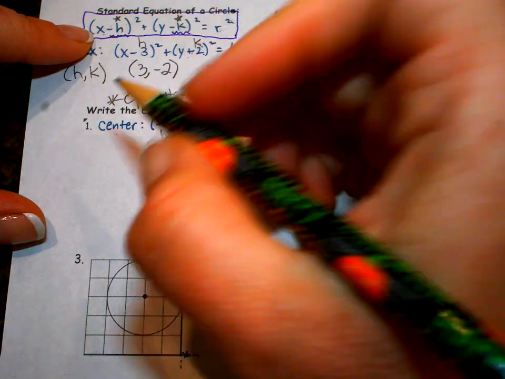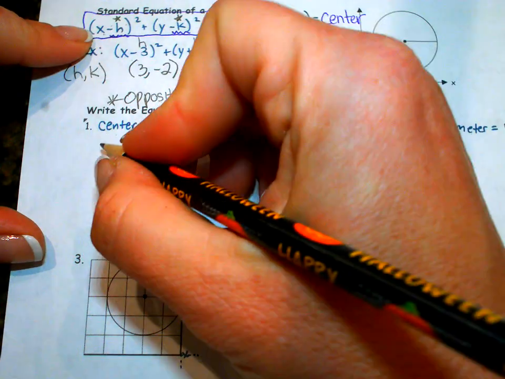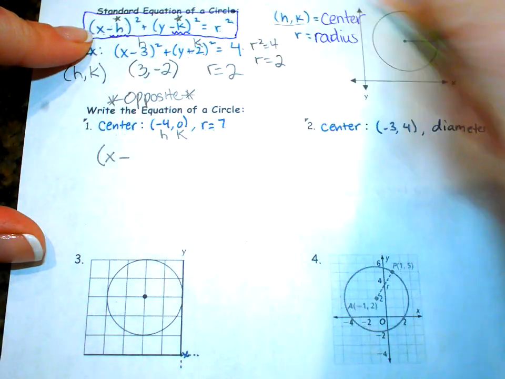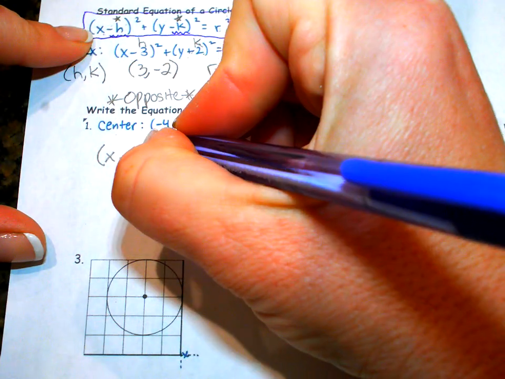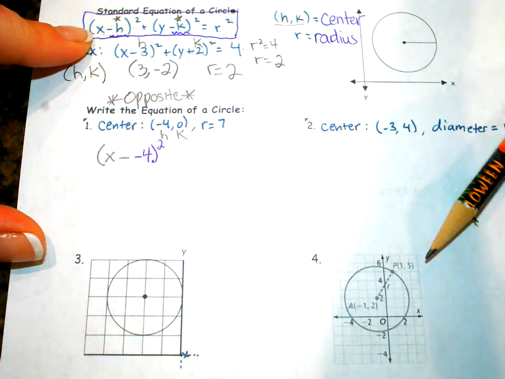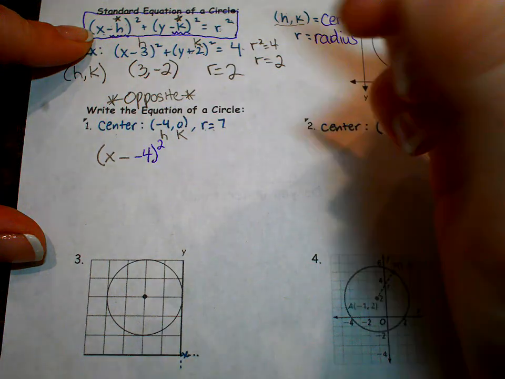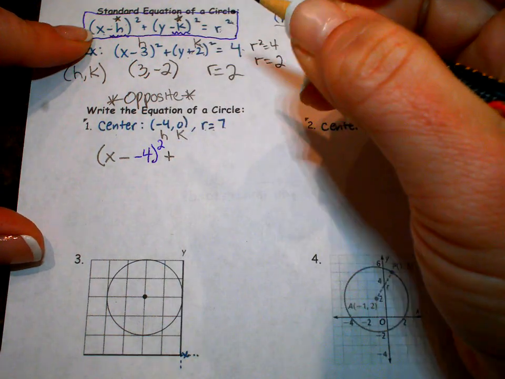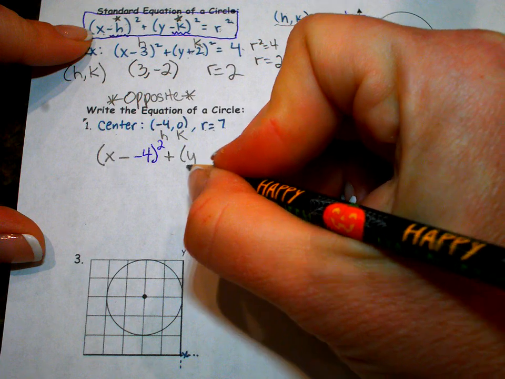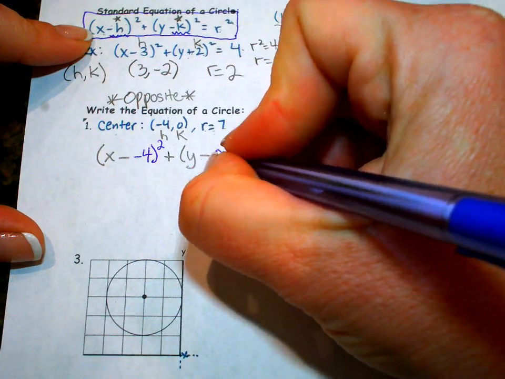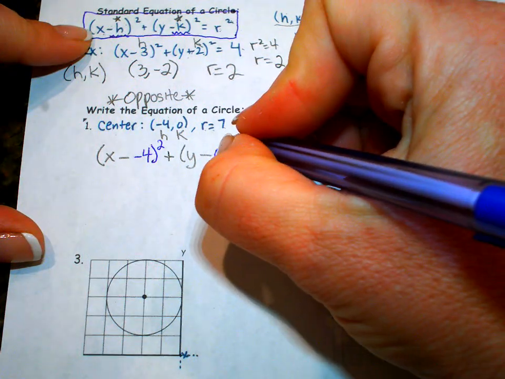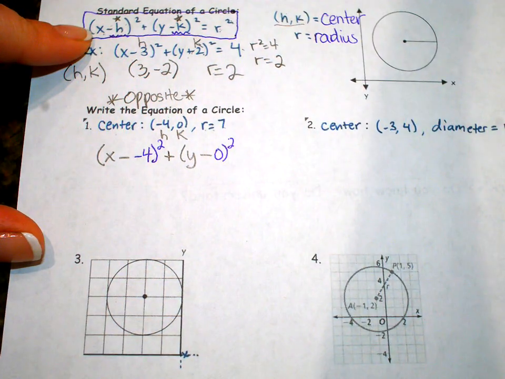So here we go. x minus, and what's h? -4. Okay, I'm doing it in purple just to keep it easy for you. Plus y minus k, well, k is 0, equals 7 squared.